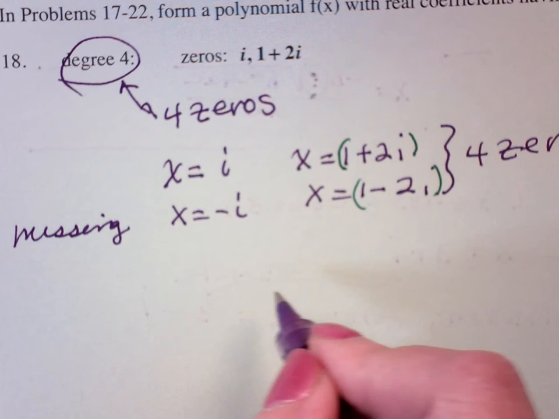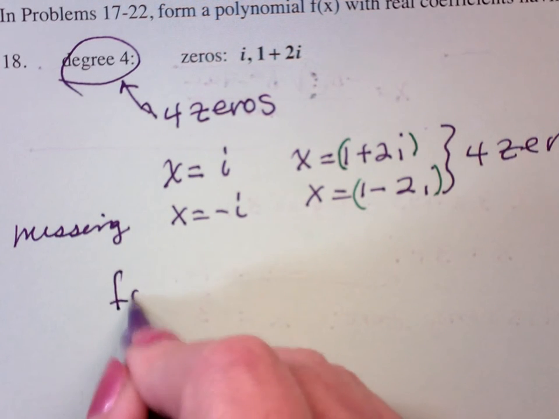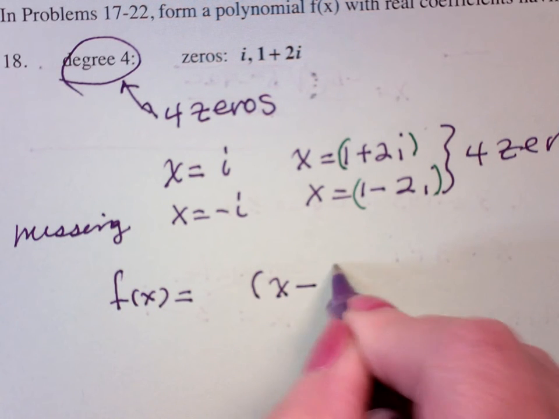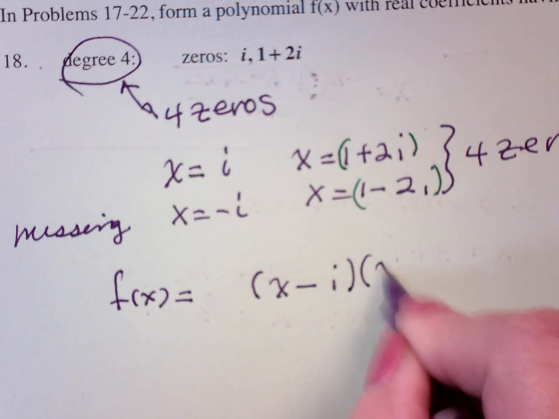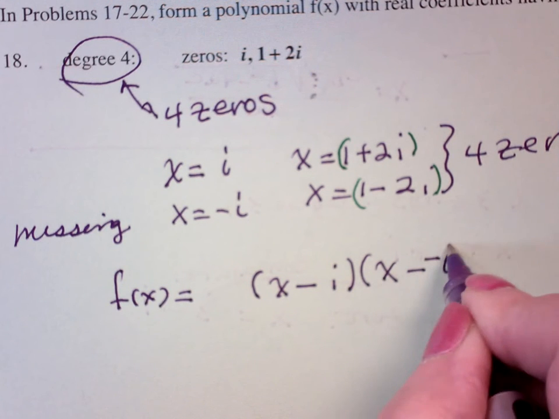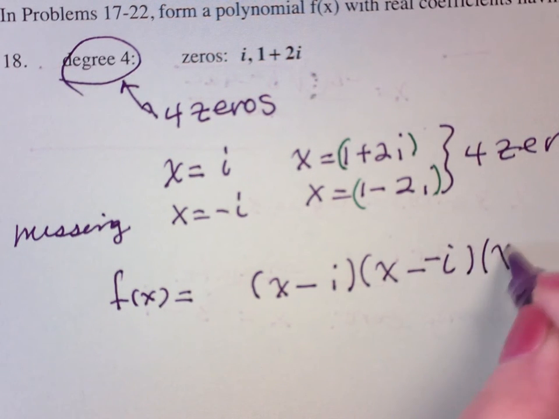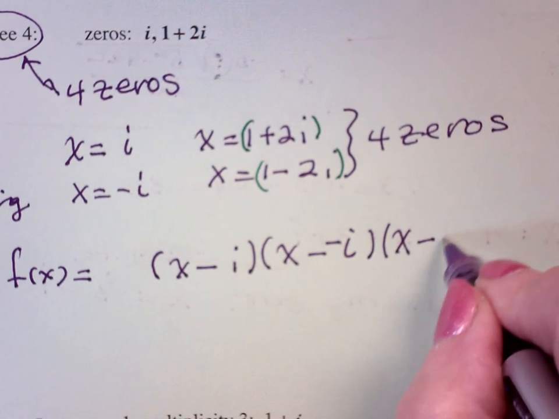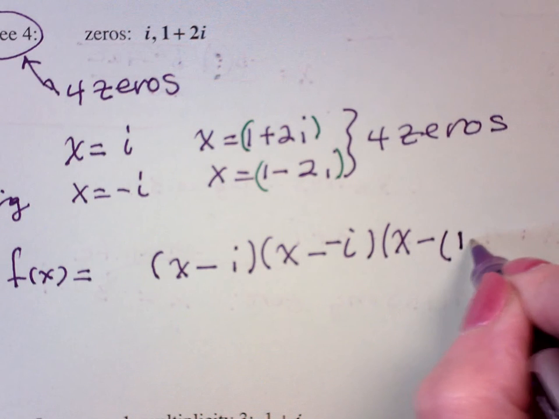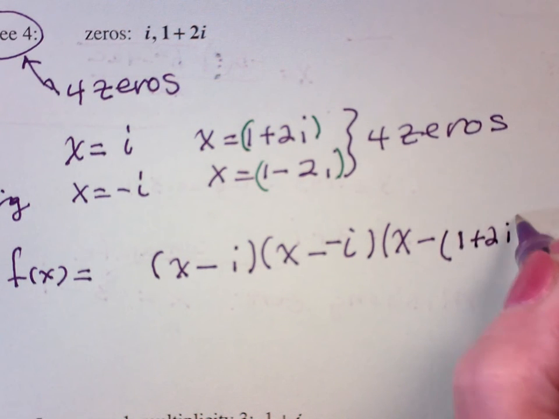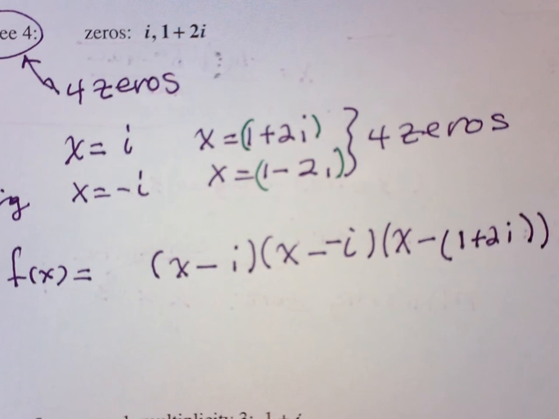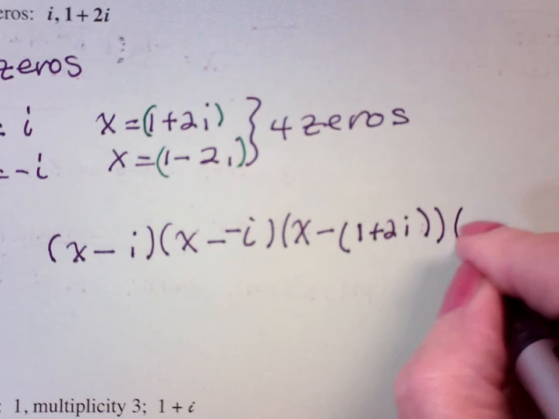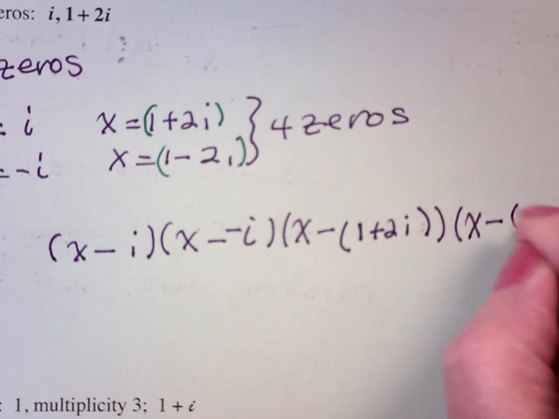Because I know that my polynomial is x minus the 0, x minus the 0, x minus the 0, and now I wish I wouldn't have blown it up, x minus the 0.